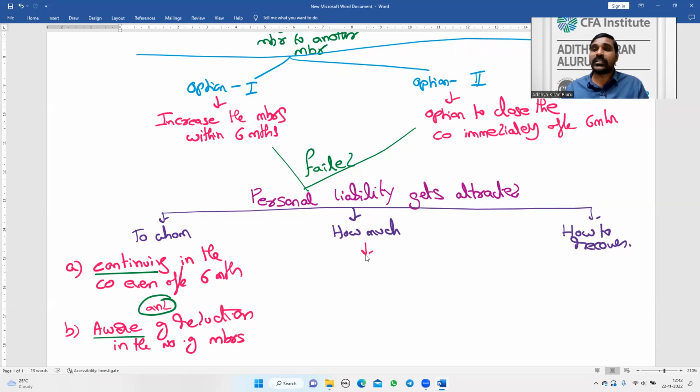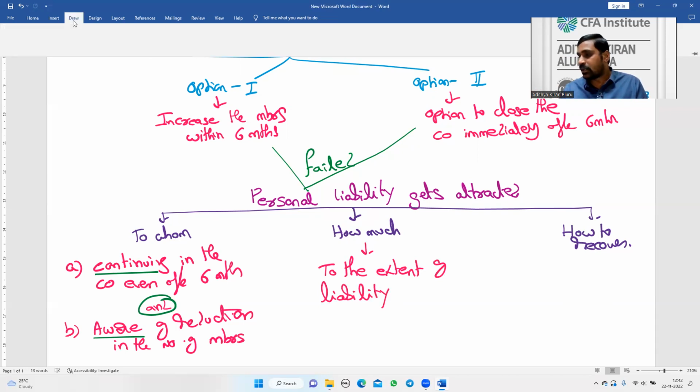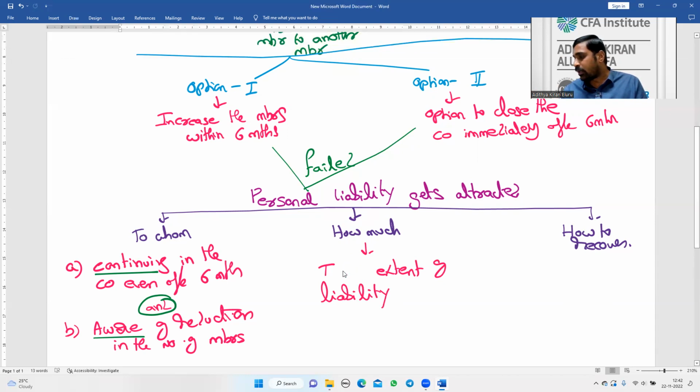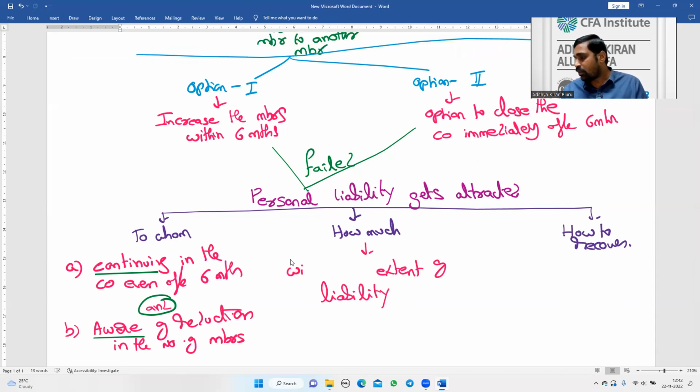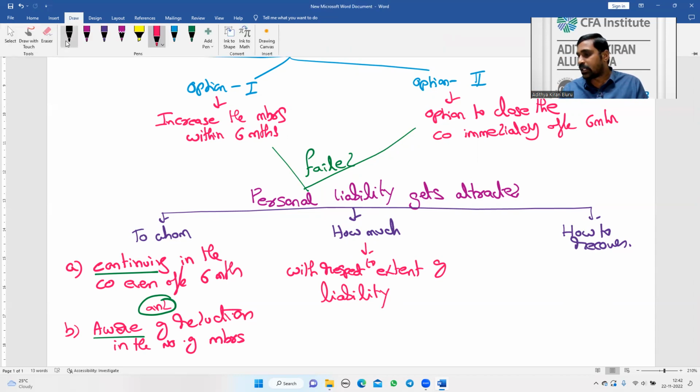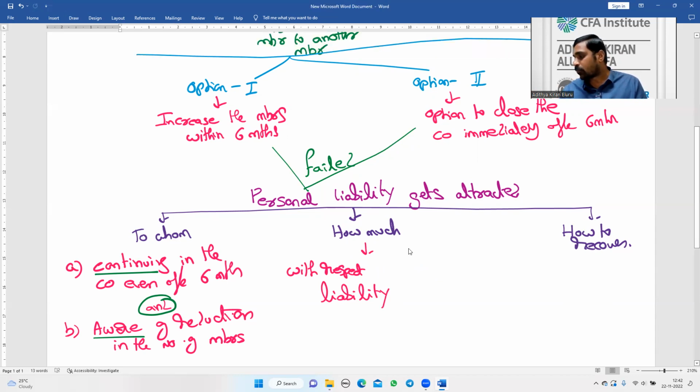Personal responsibility is to the extent of the liabilities incurred by the company after 6 months.